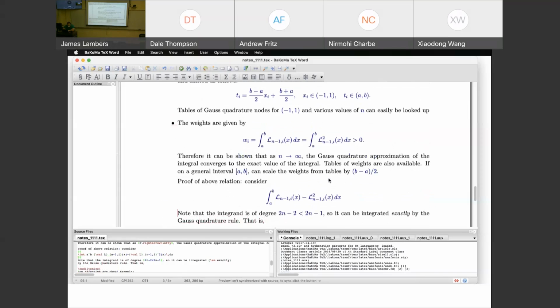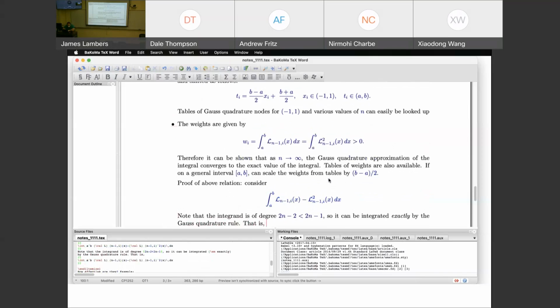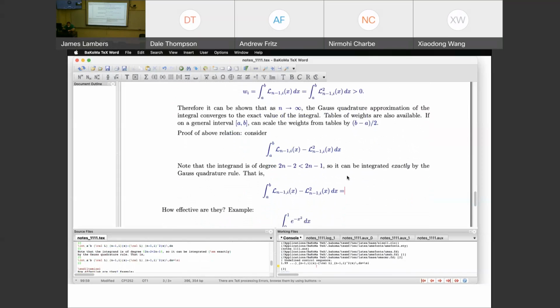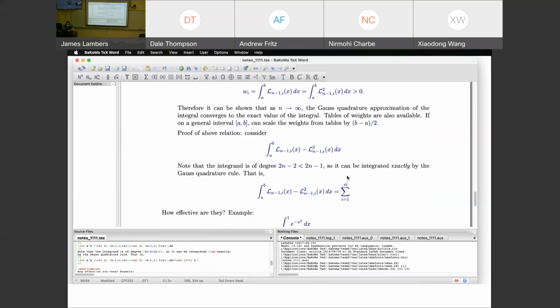So now I can say that this is equal to the sum of the integrand evaluated at each point. Oh, I need to be careful here. I need to use a different letter, j.